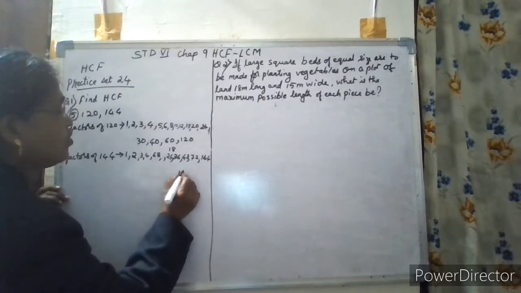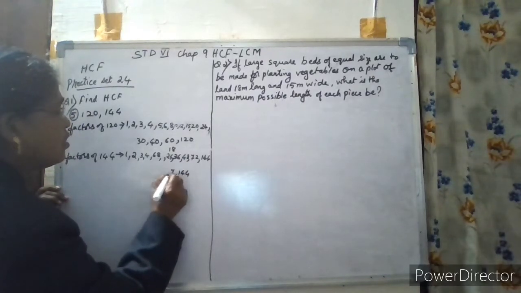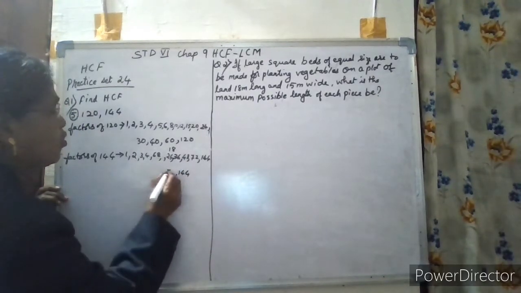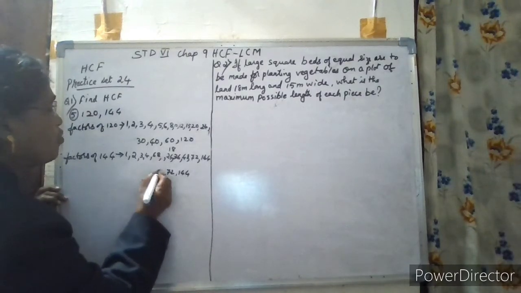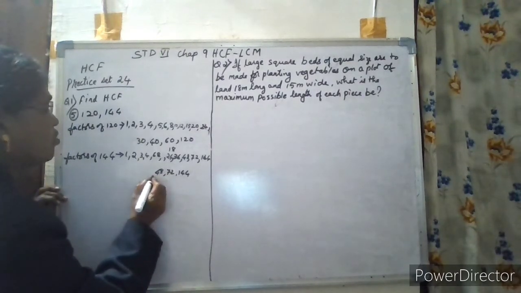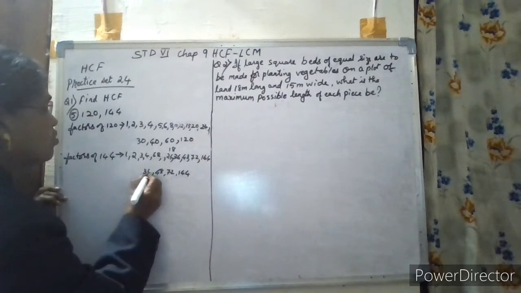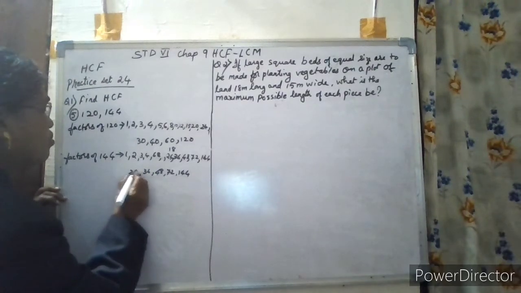I'll write here 144, then 72, 48, 36, 24.